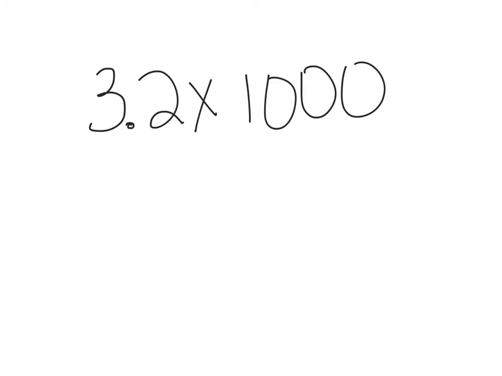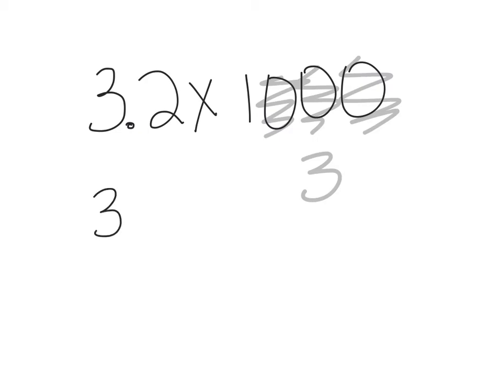This would also be true of the number 3.2 times 1,000. We're using the same number so you can see how it moves. Well, if we're multiplying by 1,000, we have 3 zeros. That means our decimal spot is going to move 3 places. So we start here, same number, but we have to take the decimal and move it 3 spots. 1, 2, 3.